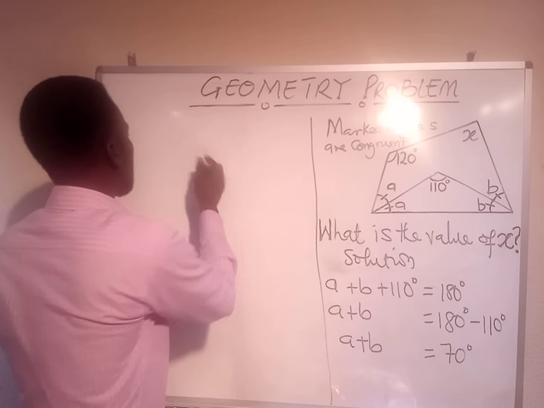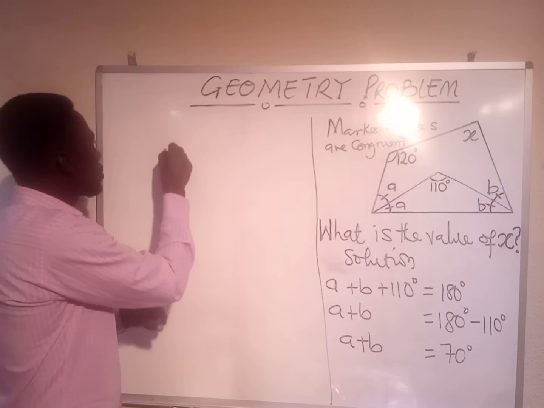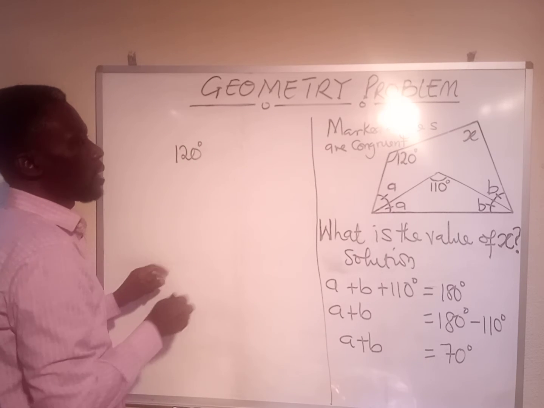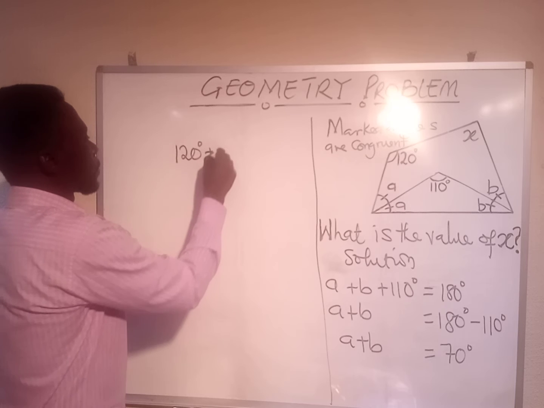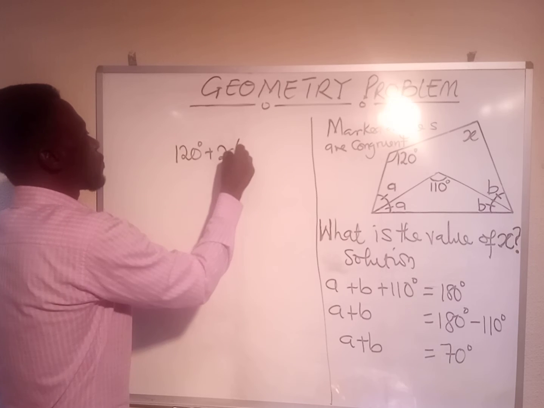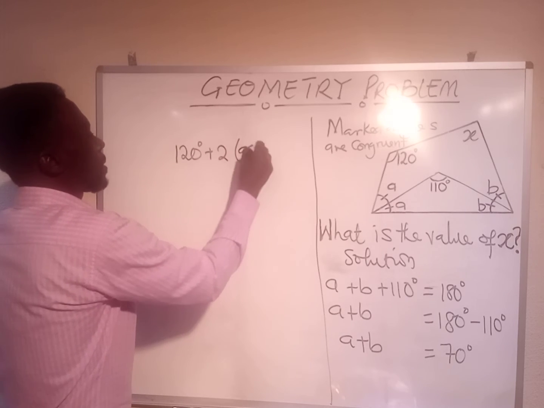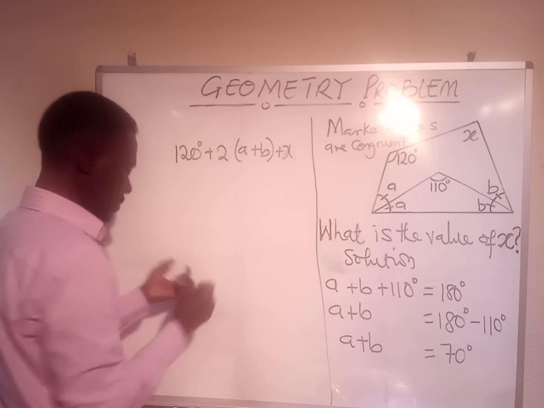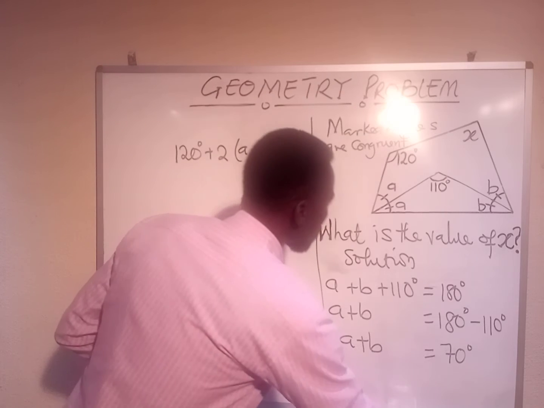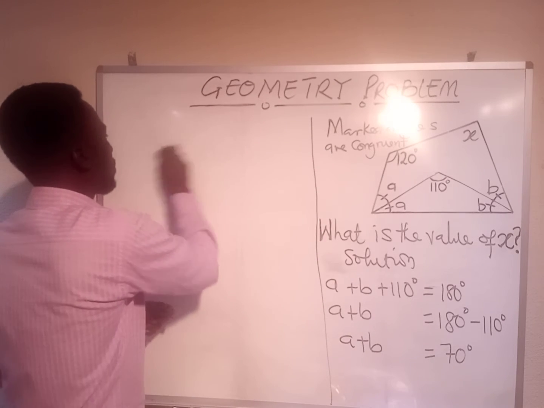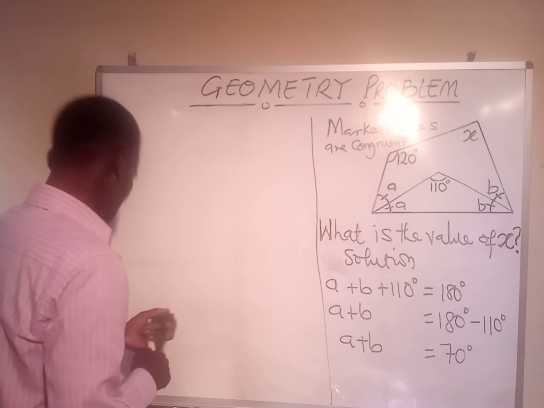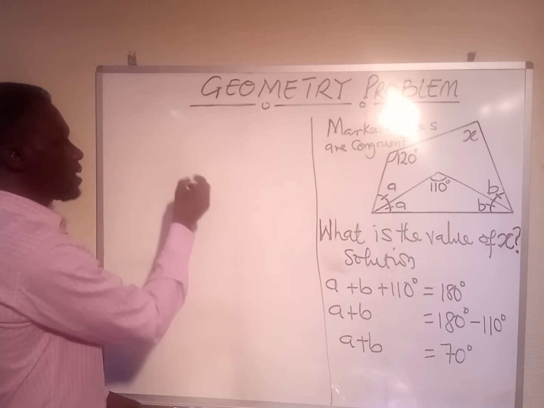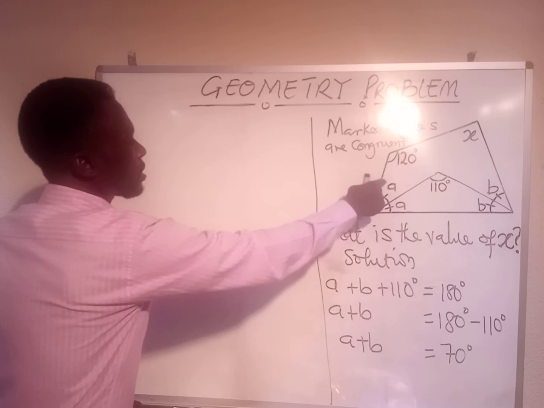So let's put here 120 degrees plus 2 times the value of A plus B plus x is equal to 360. So now if the space will not allow us, let's wipe it and then rewrite it properly. So this space is big enough to contain this. So A plus A is here, so that is 2A.